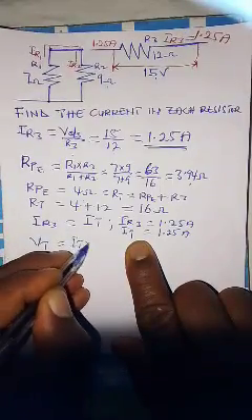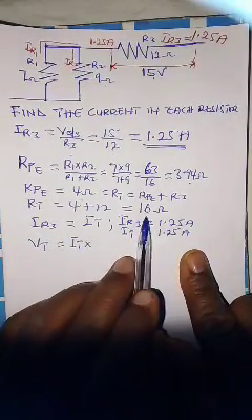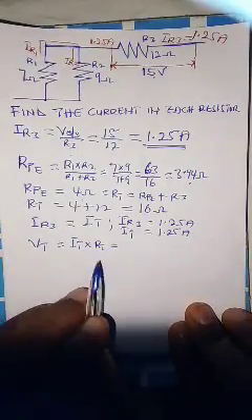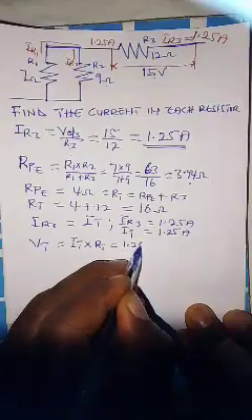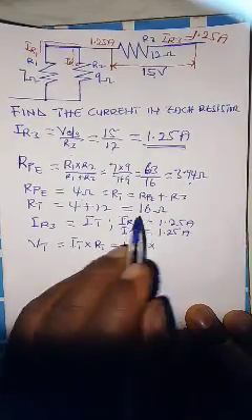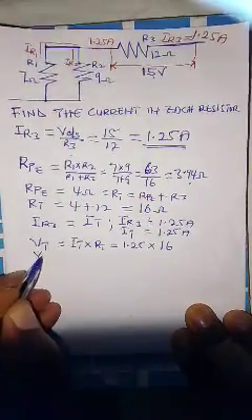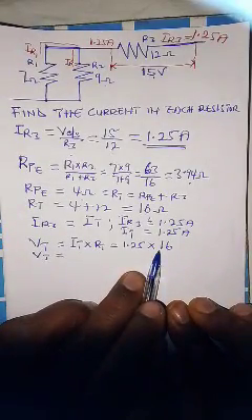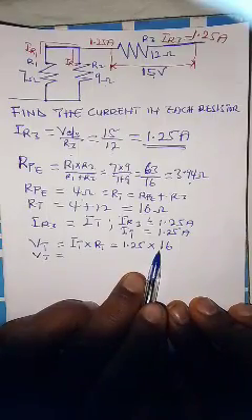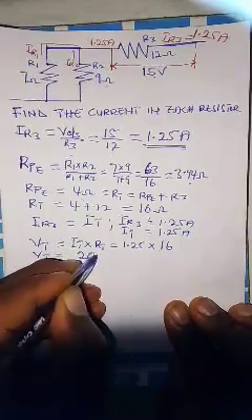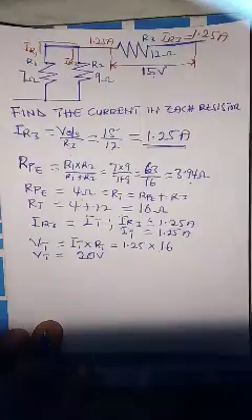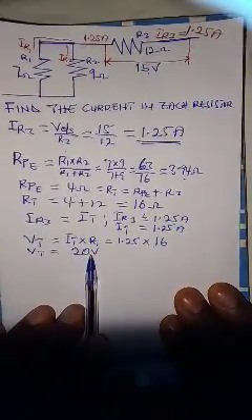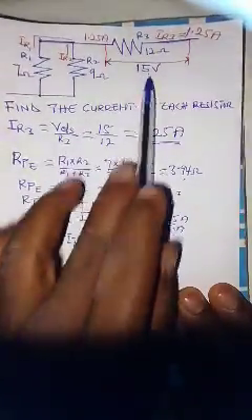So that means we can now find our total voltage as total current times the total resistance, which is 16. So our total voltage is 1.25 times 16, which will give us 20 volts. Now that we have our total voltage, we subtract the 15 from the 20.